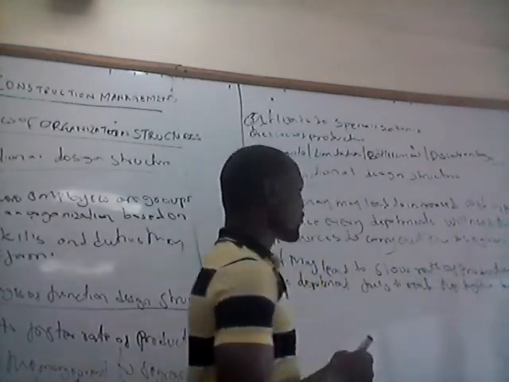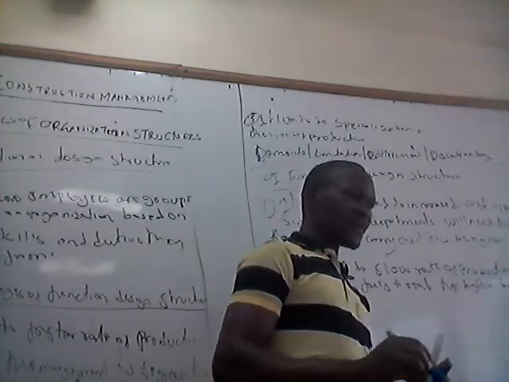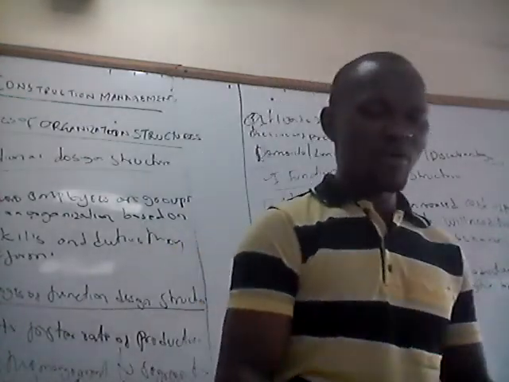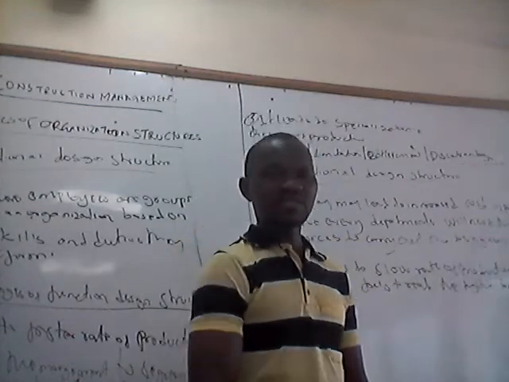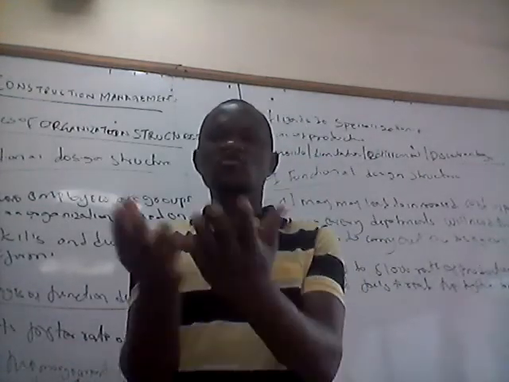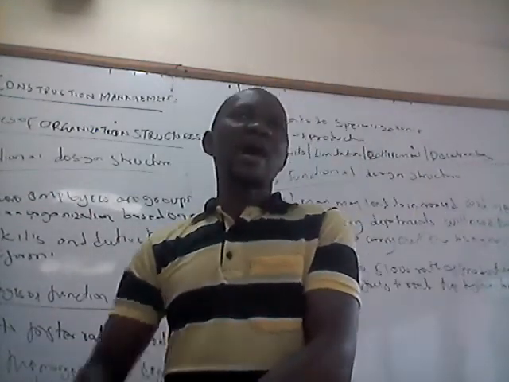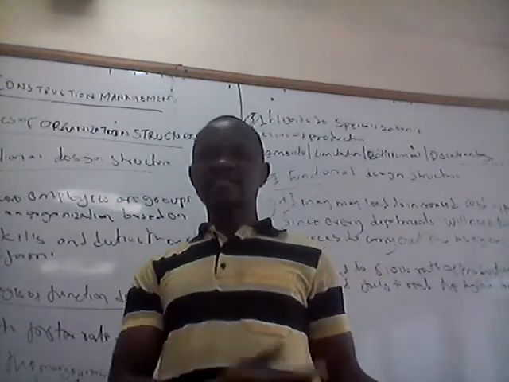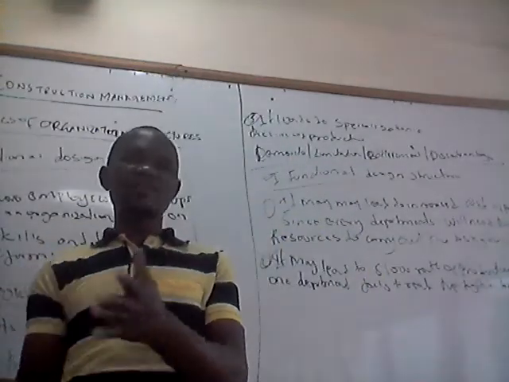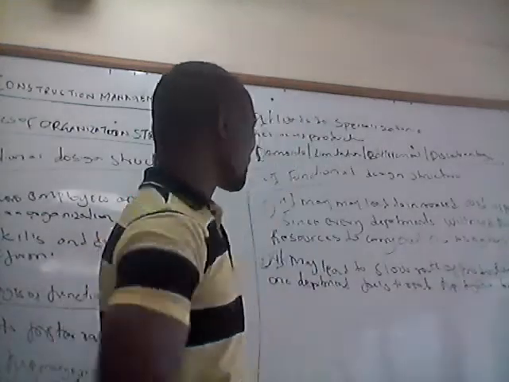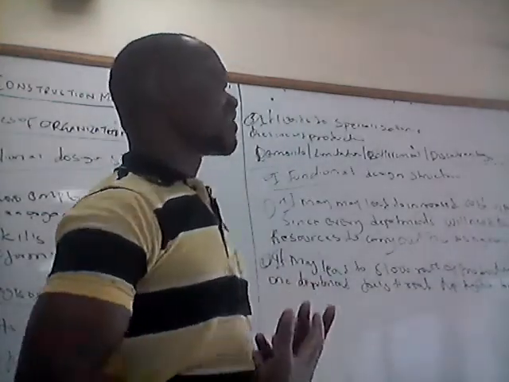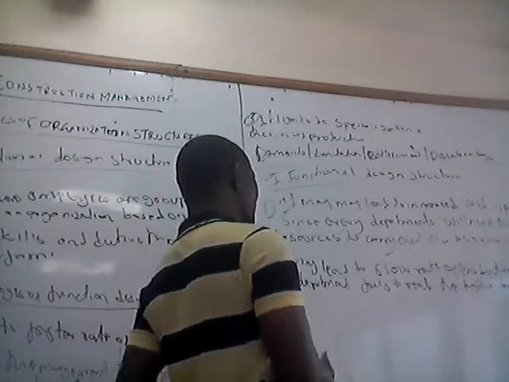How do you get a slow rate of production? Since these people become more specialized, they will tell you, at this point I cannot do the other job, since I left doing that duty a long time ago. For example, in the construction work I was telling you about, this person has become more specialized in tiling.